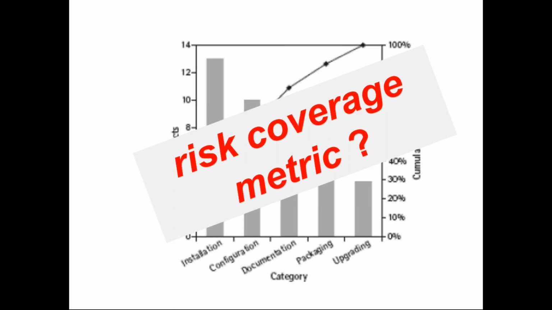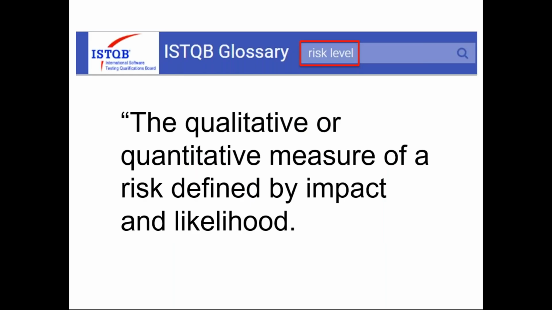So the expectation is that there might be a significant small number of root causes, a small number of areas. So there might be a few risks that are the real showstoppers, and that therefore you need to be concerned about. So just keep in mind that maybe using some of this might give you a feeling for how you could, in fact, have a metric, just like we have coverage metrics of other sorts, maybe a risk coverage metric.